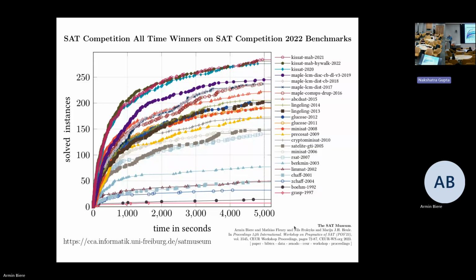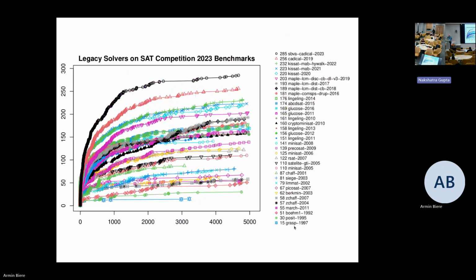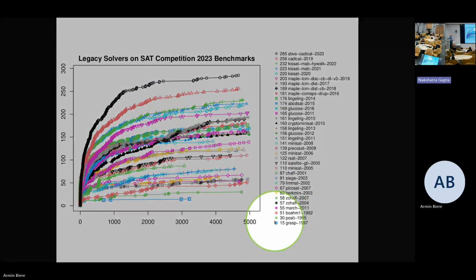So what about 2023? This was 2022, right? And you see another big jump last year. There I don't have the nice plots yet because the paper was from last year. But you see another interesting jump here. Here are these 3 solvers which were running in 2021 and 2022, which were just variants of my version, right?